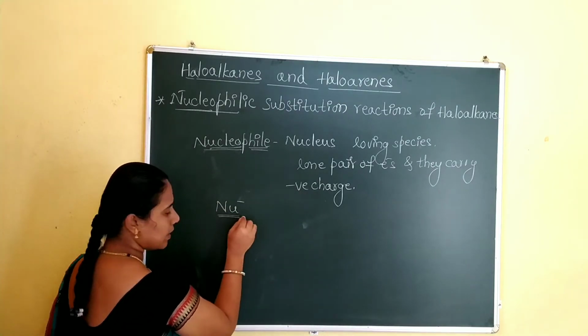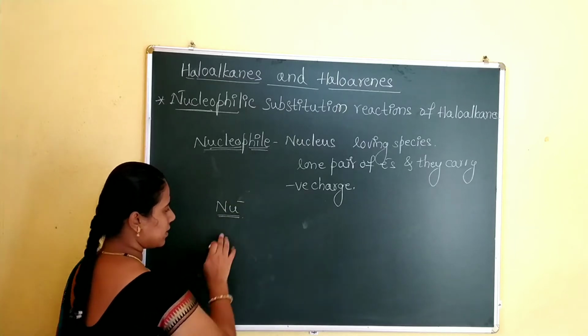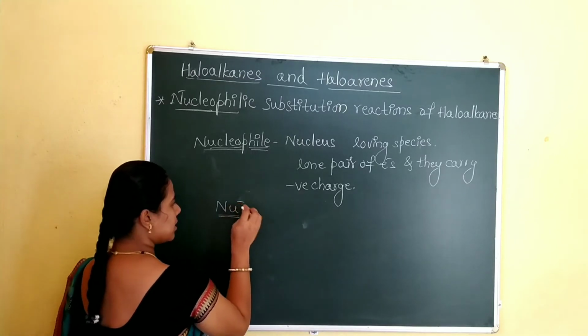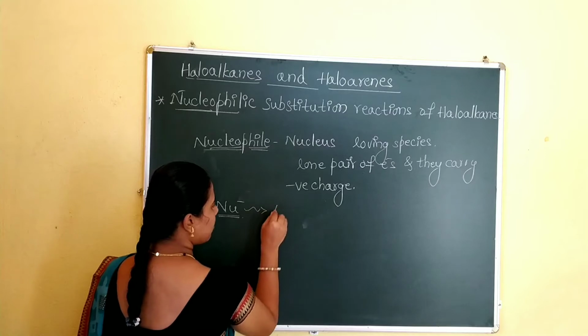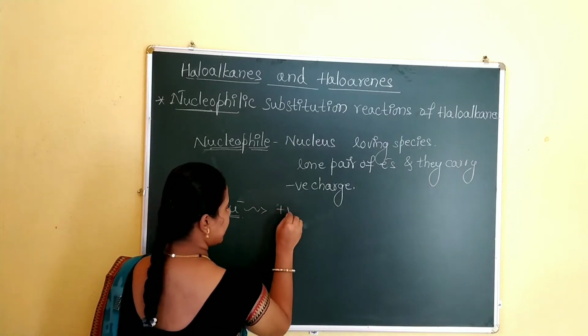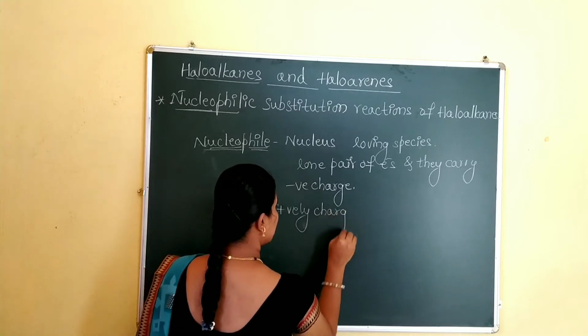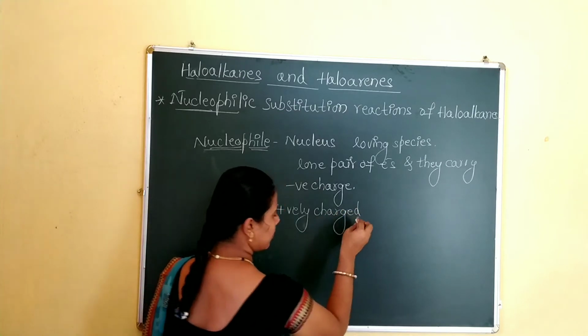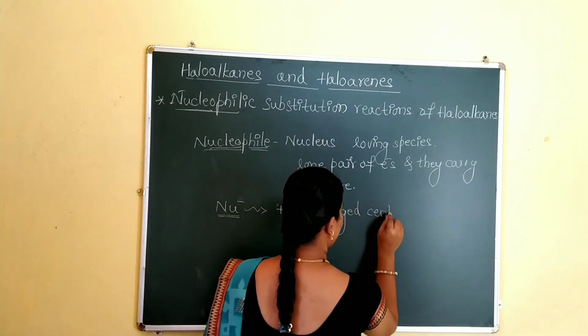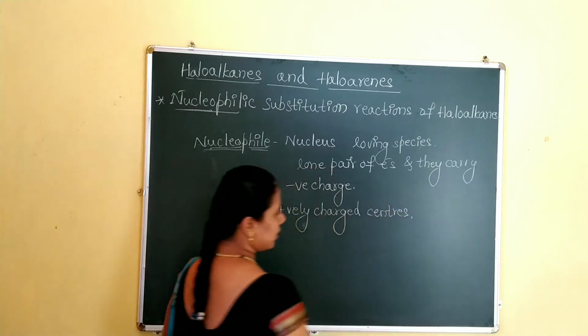They are represented like this, Nu minus. As they are negatively charged species, they try to attract positively charged centers.